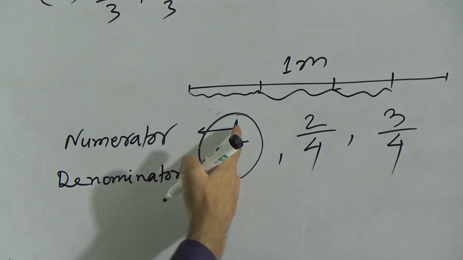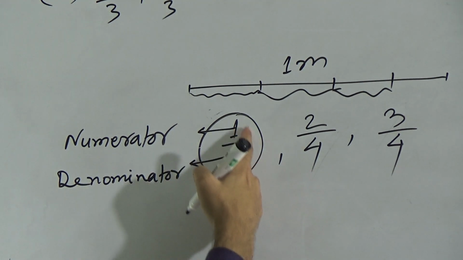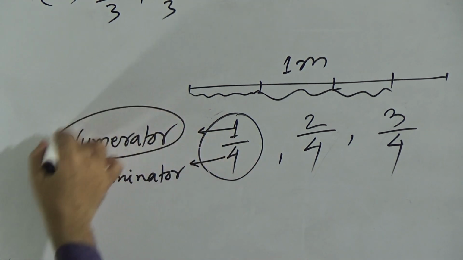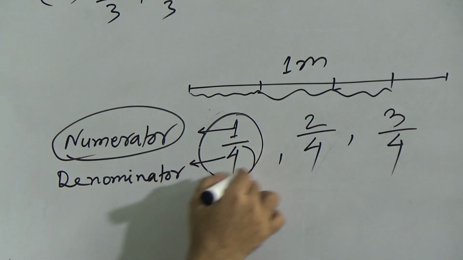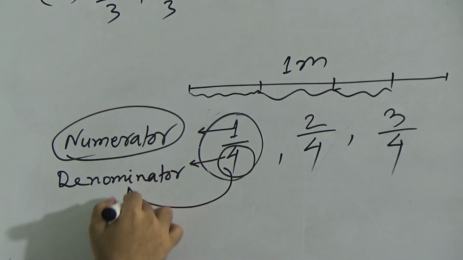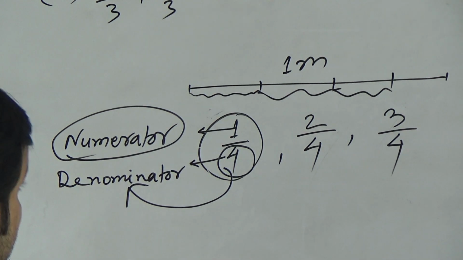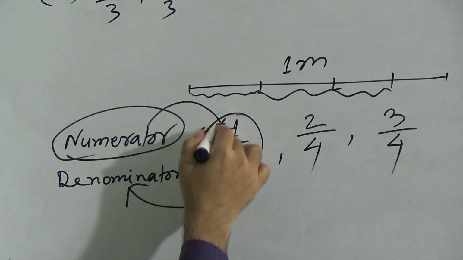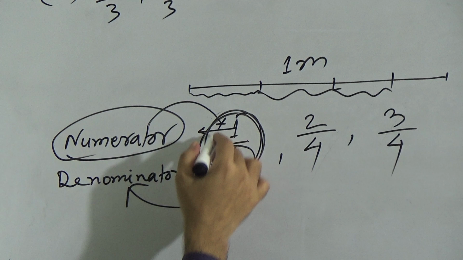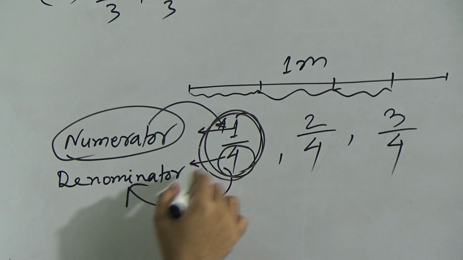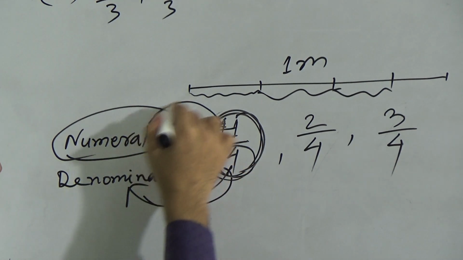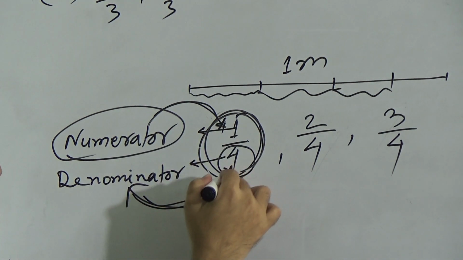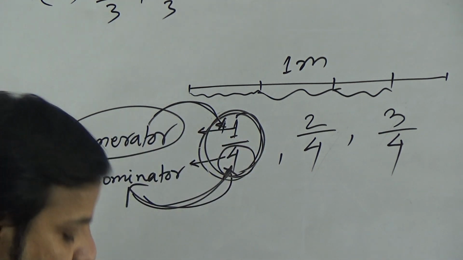Again, the number above the line is known as numerator. The number below the line is known as denominator. So we can say the denominator of this fraction is 4 and numerator is 1.